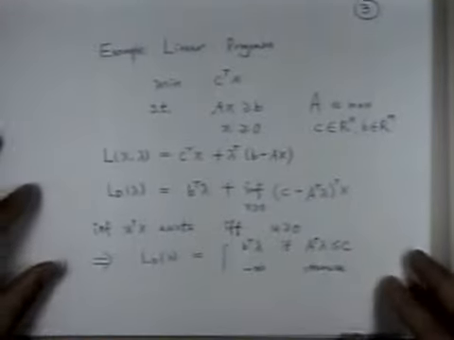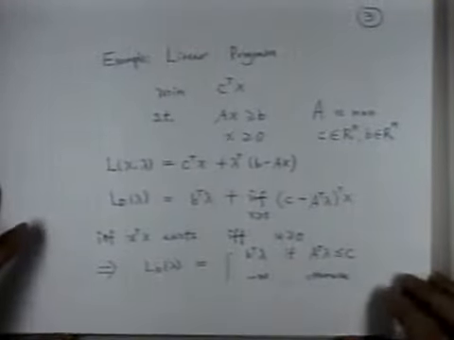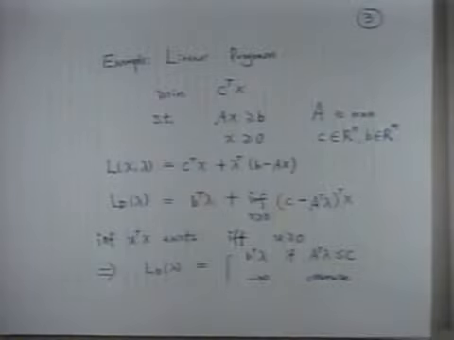Okay, so now let's look at the simplest form of the problem, which is a linear program. In this case, of course, the objective function is a linear function of your decision variables.